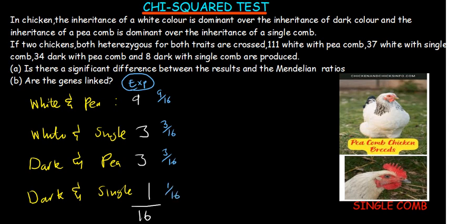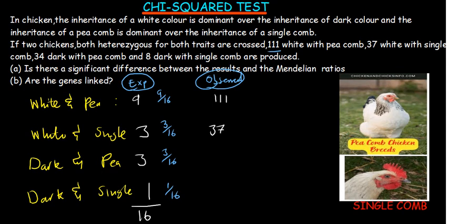Now how many did we get? We can see 111 white with P comb. So I'll put white with P. Those are the ones which are produced, or those which are observed. So I've got 111 here, and then 37 white with single comb.